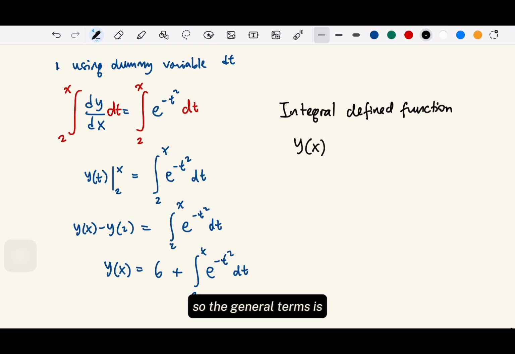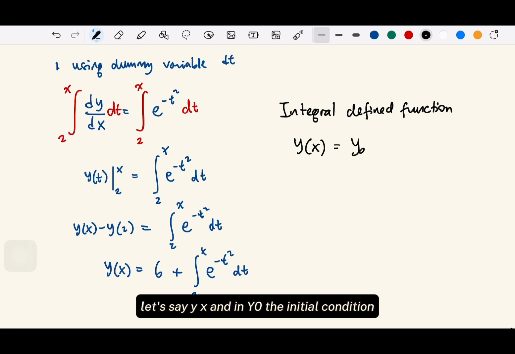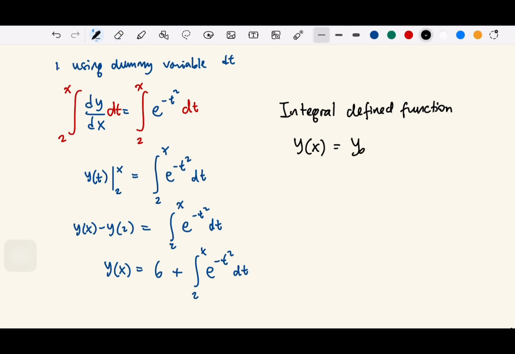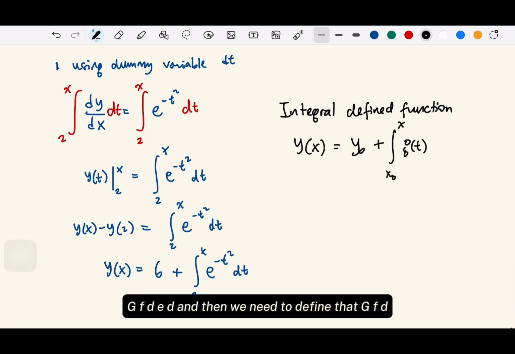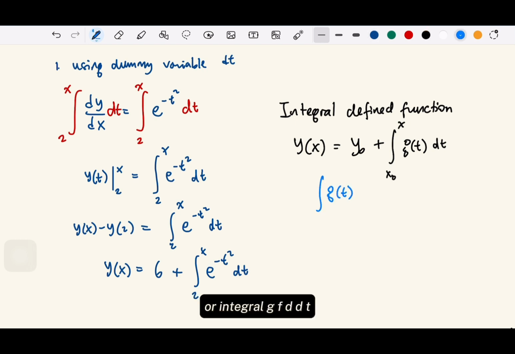The general form is, let's say, y of x equals y0, the initial condition, plus the integral of g of t dt. And then we need to define that the integral of g of t dt is non-elementary.